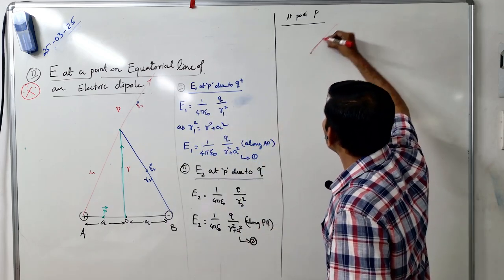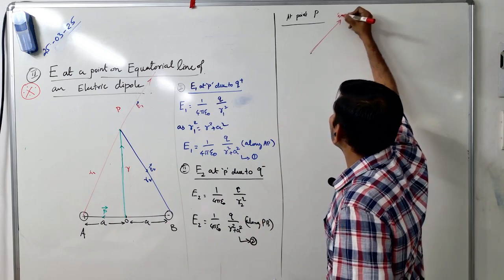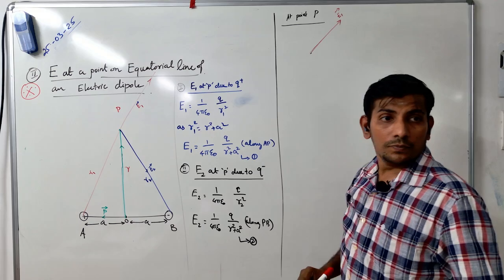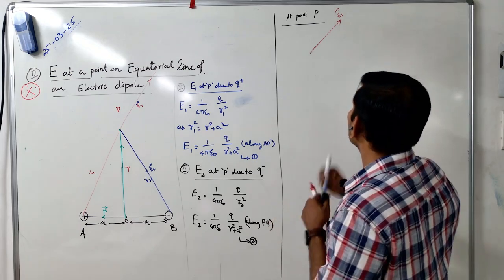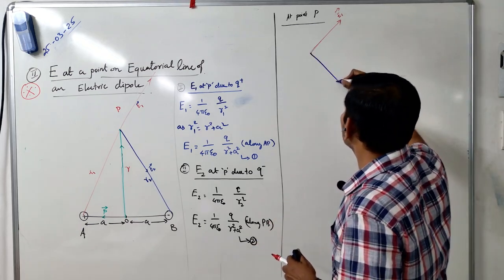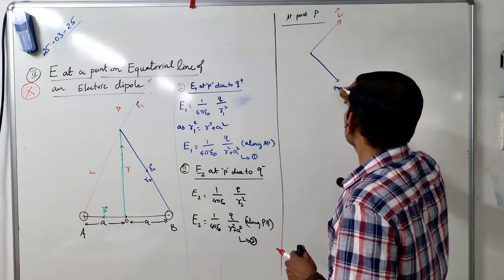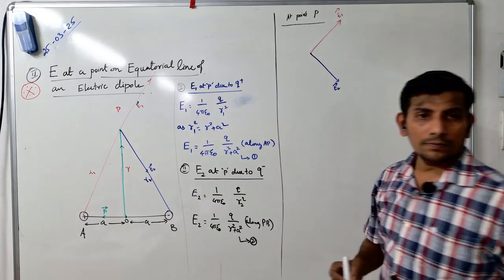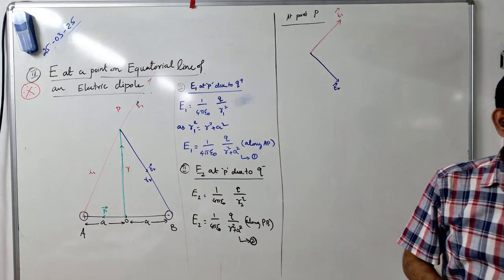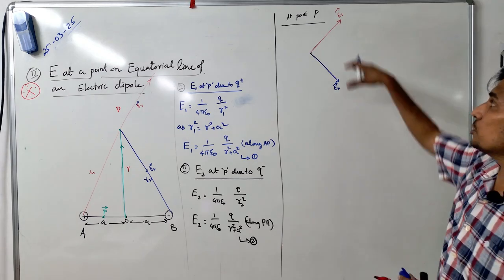This is going to be my first electric field line, E1 vector. And this is going to be my second line, E2 vector. So E1 vector and E2 vector are meeting at this point.